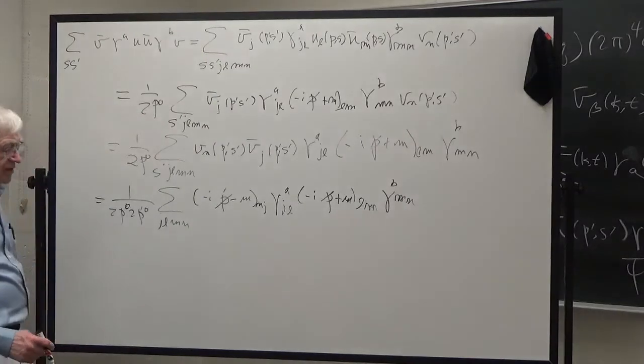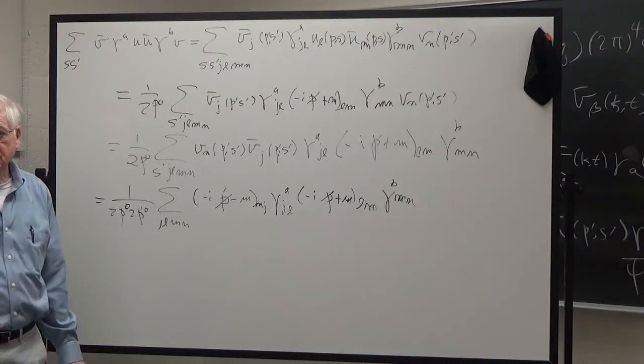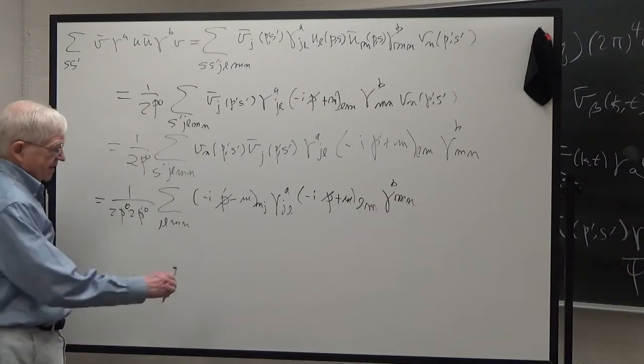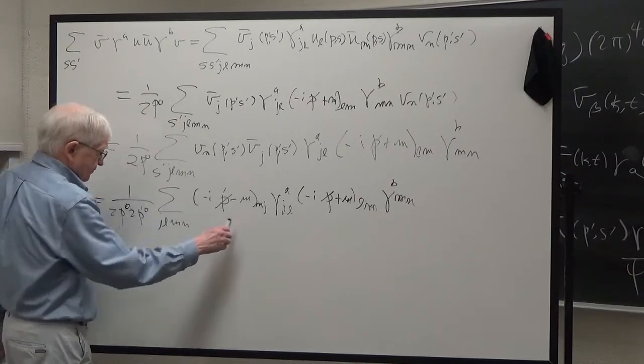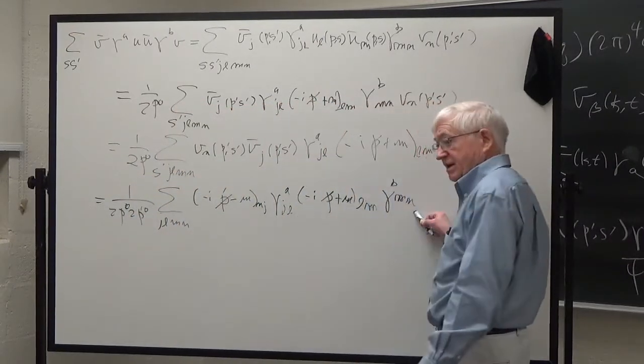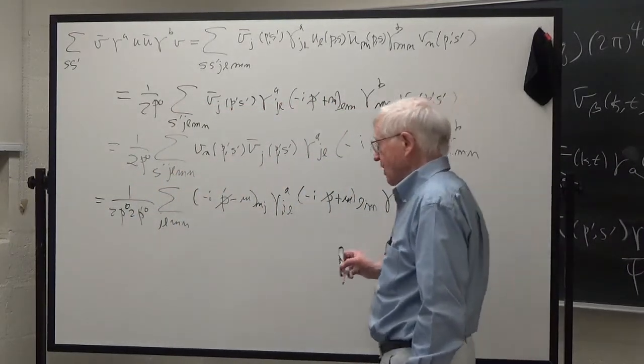Okay, now you notice this is just a trace. NJ, JL, LM, MN, summed over everything is a trace.